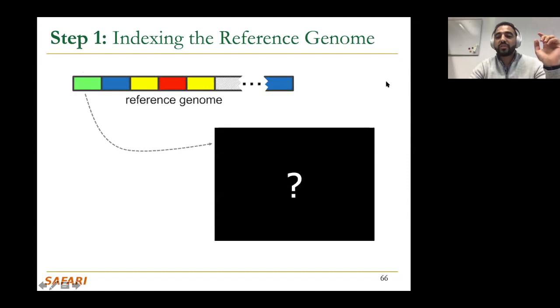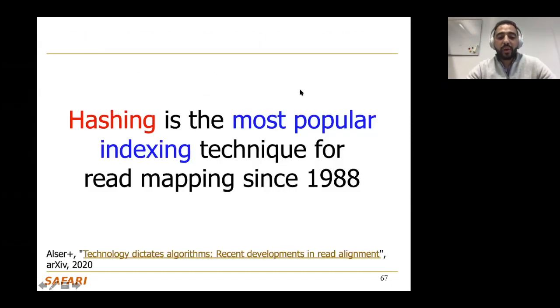This black box can be anything that can tell you quickly where to jump, where to start in the reference genome. In our paper, the paper that I recommended for you to read, which is storytelling, we find that hashing was the most popular indexing technique for read mapping since 1988, when I was born.